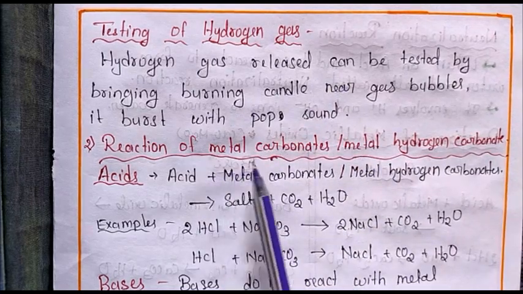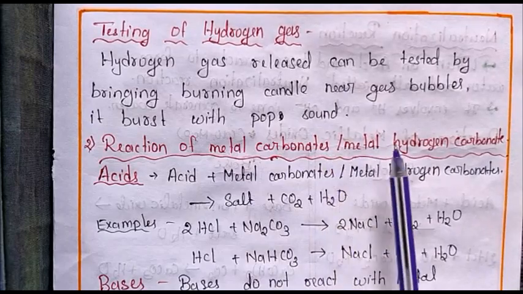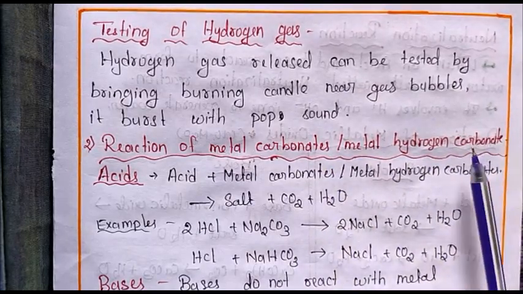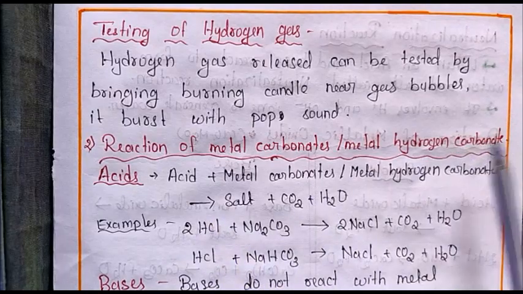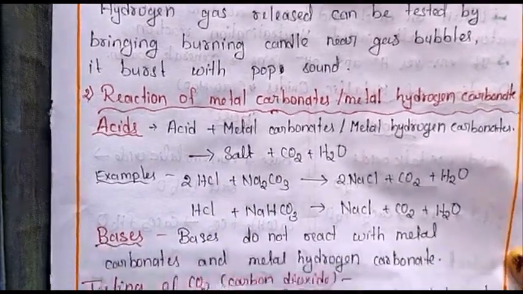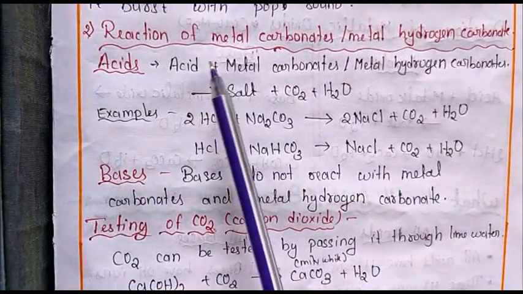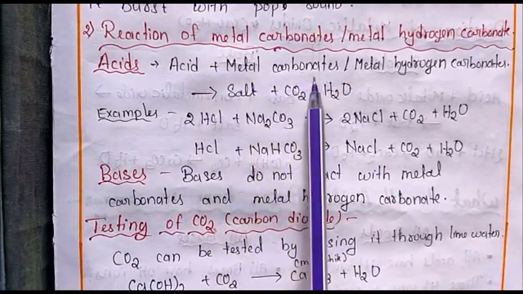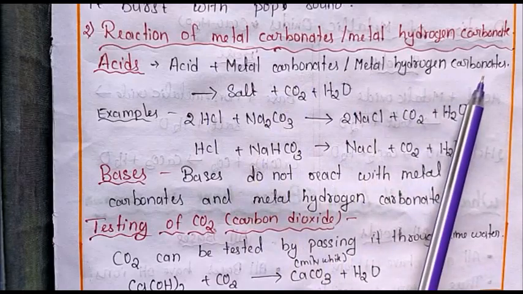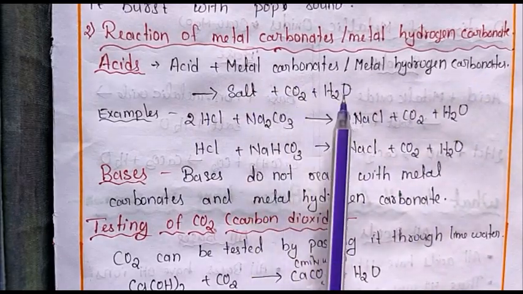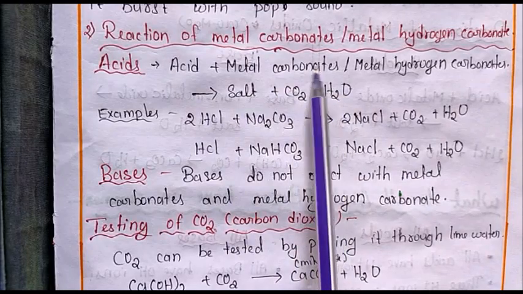Now, reaction of metal carbonate and metal hydrogen carbonate. What will acid and base do? In acid, when acid reacts with metal carbonate or metal hydrogen carbonate, it gives salt plus carbon dioxide plus water. Take an example.